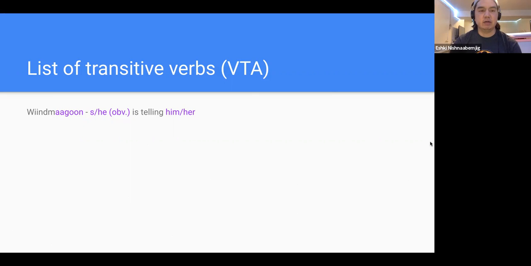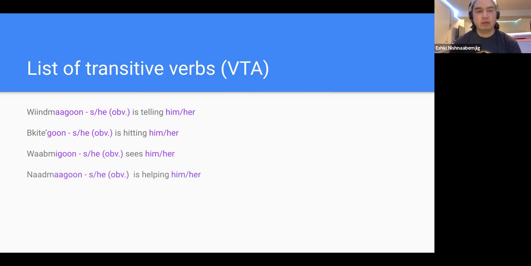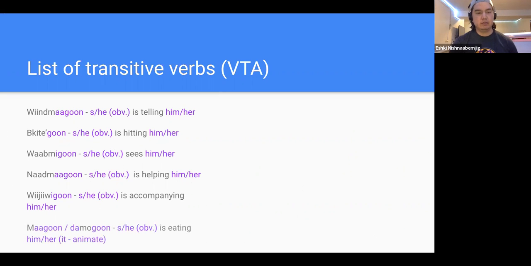So windamagun, kitegun, wabmagun, nadamagun, wijiugun, magun or odomogun.